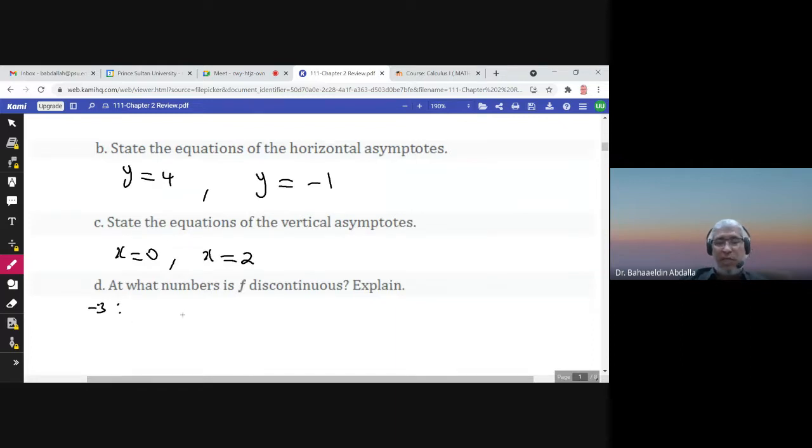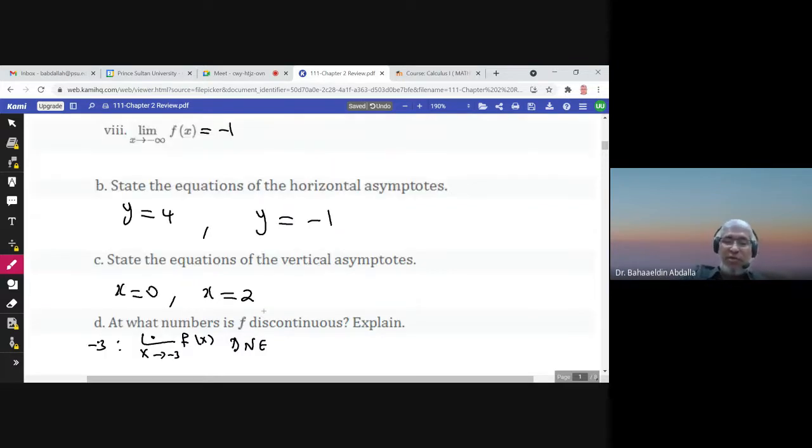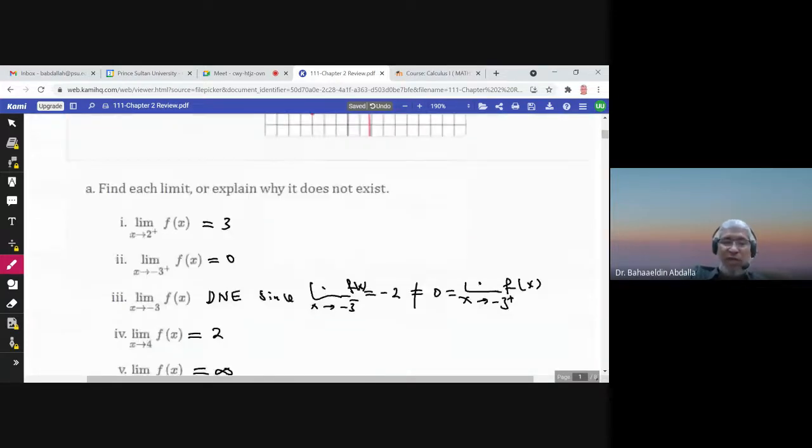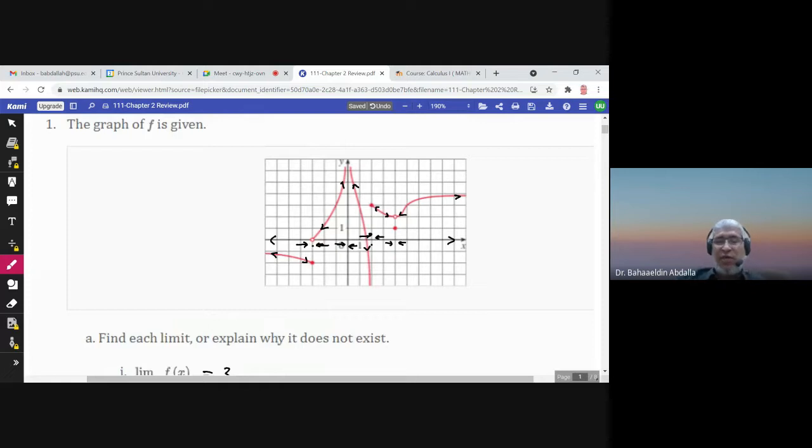And the reason, because the limit does not exist. The limit when x approaches -3, as we have seen, does not exist. So this means that the function is not continuous at -3.